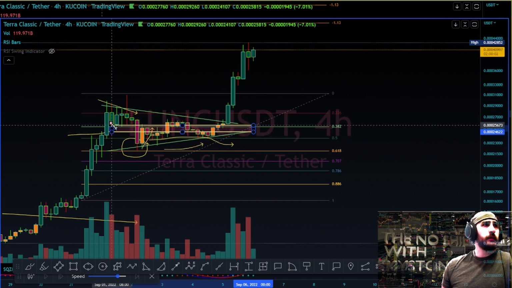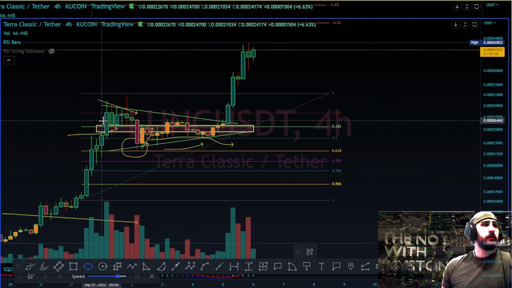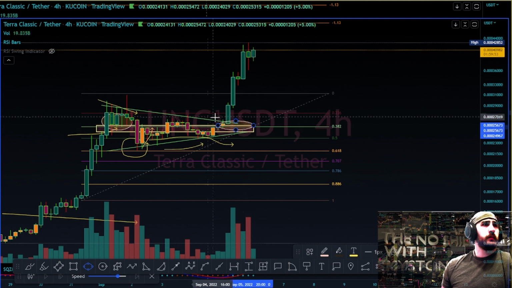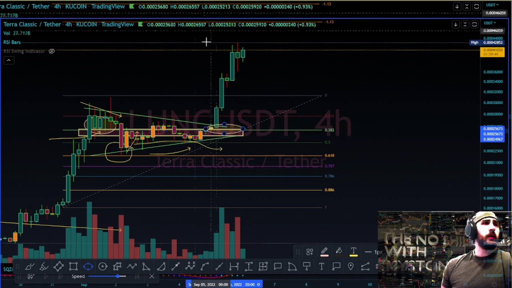Here's another example. Support right here. Breaks through the resistance. S, R flip.